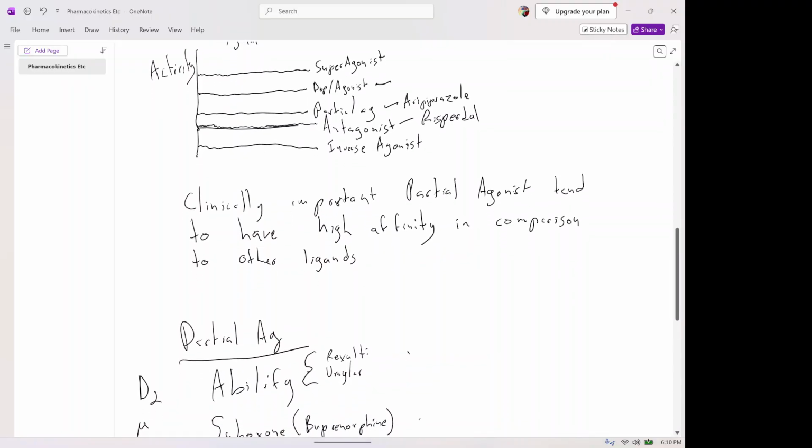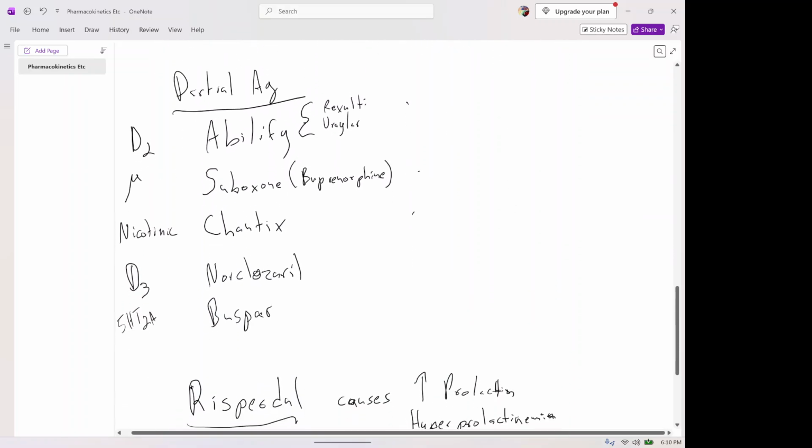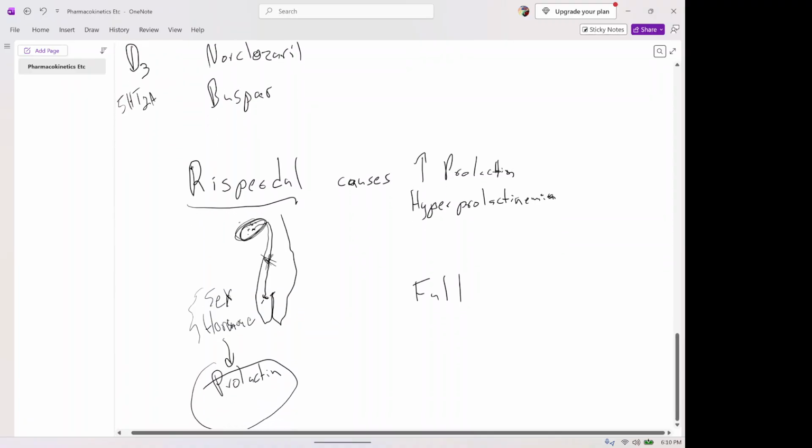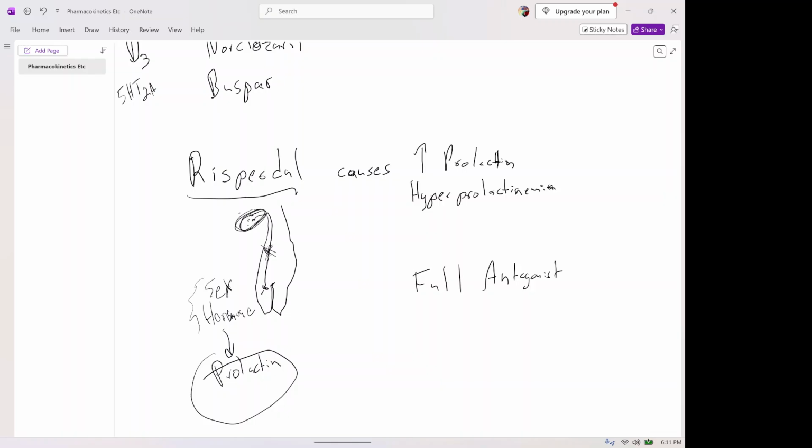Jeez, I need my coffee or something. And full antagonist. And therefore, whenever it hits these receptors, it completely turns it off. And so it's really basically unleashing the prolactin growth.